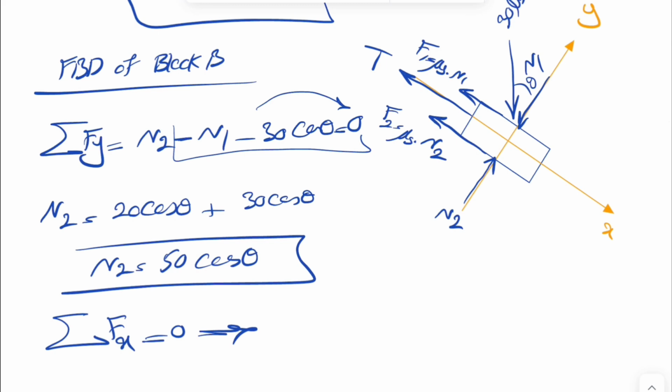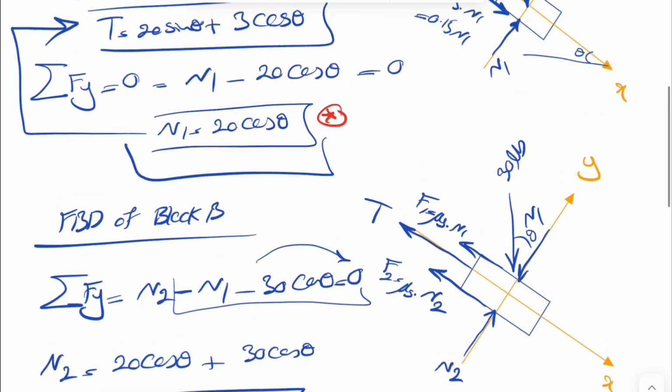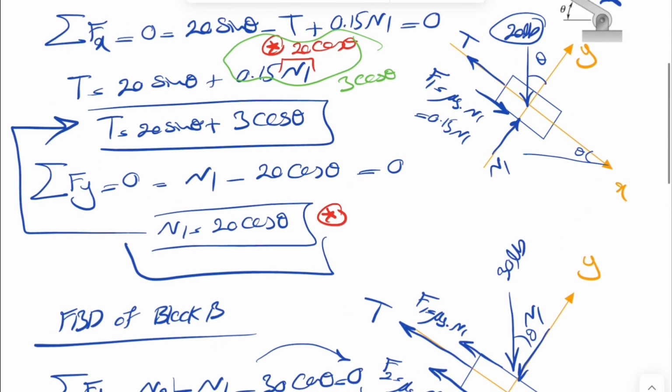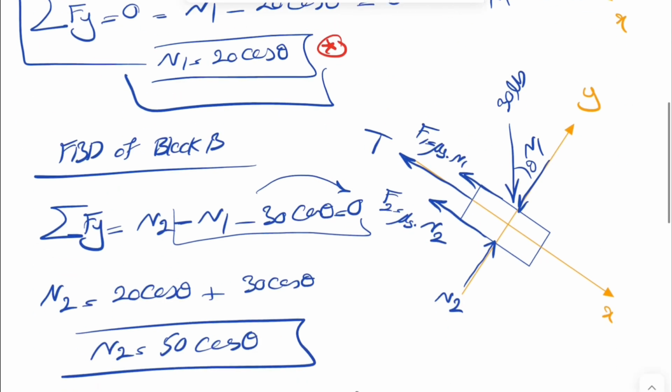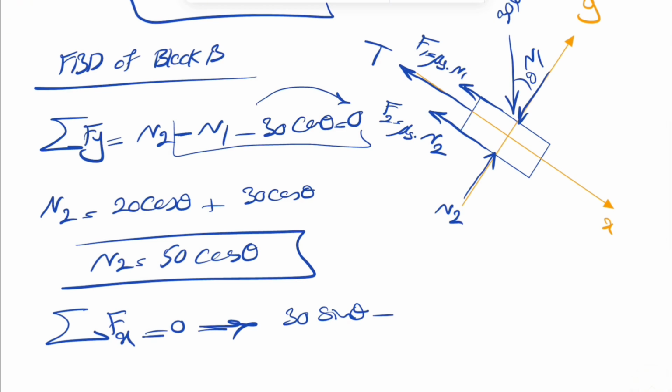So we have 30 sine of theta minus F1, which was what we found in here, 3 cosine of theta, minus T minus F2.